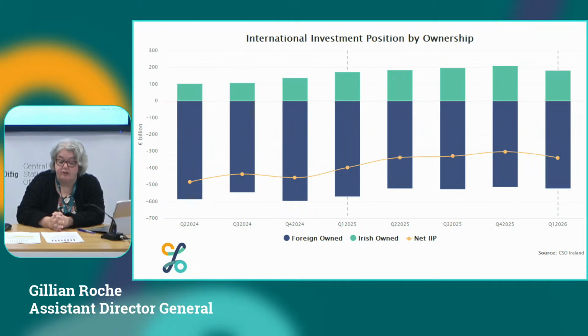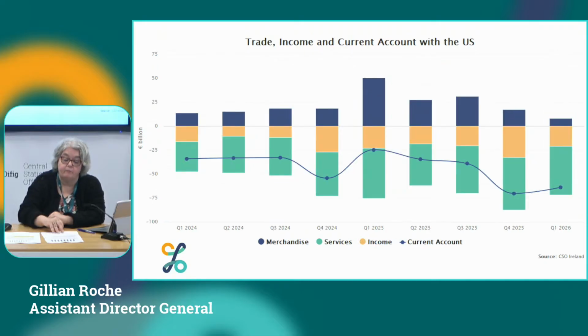So we see that the foreign-owned net IIP stood at a net liability position of 523 billion at the end of March, while the Irish-owned IIP had a net asset position of 183 billion. So they're the foreign-owned in navy and the Irish-owned in green, and there's more detail on this and further breakdowns available in the publication.